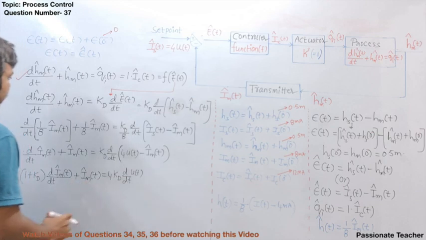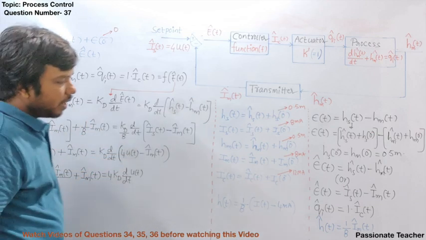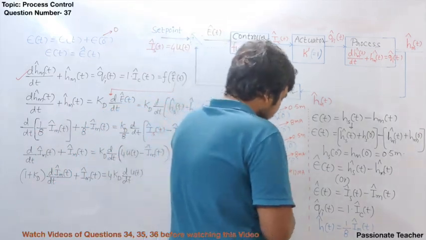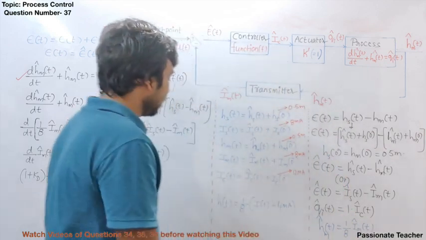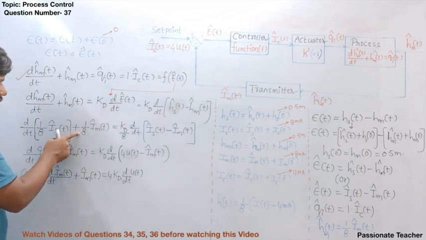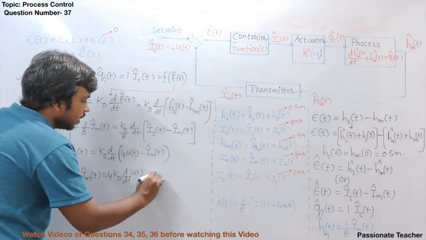If we still go ahead in terms of currents, how will it change? Because I have already mentioned everything. So this can be written as Hm cap of t equals 1 by 8 into Im cap of t. Now if I substitute all these things here, then with a little bit of mathematical arrangement, we will be able to get up to here, right?